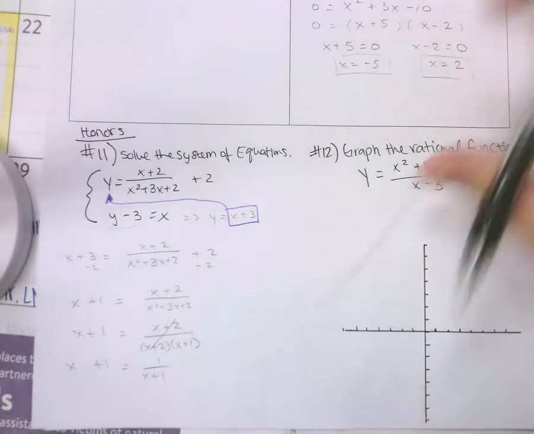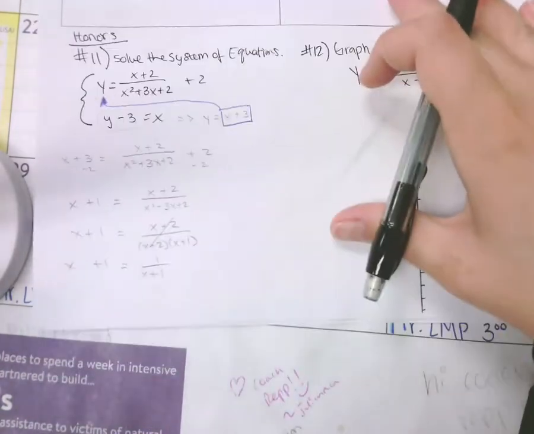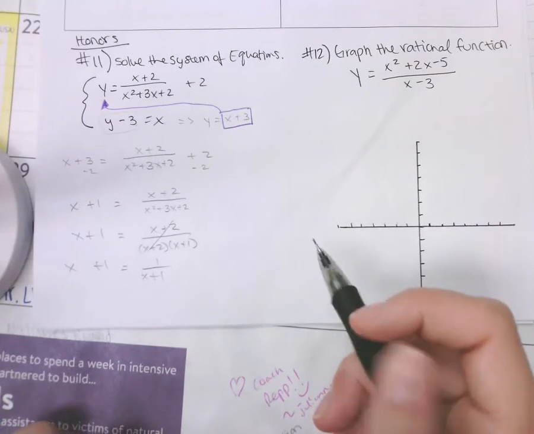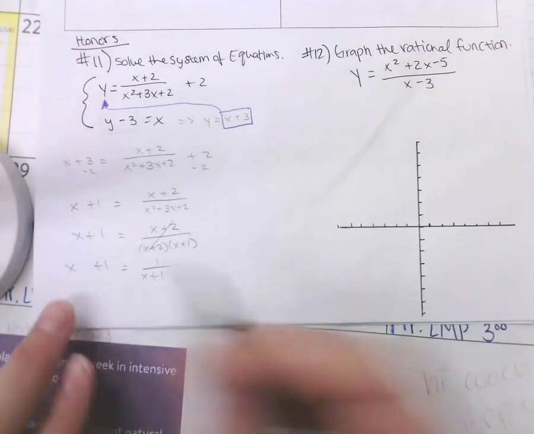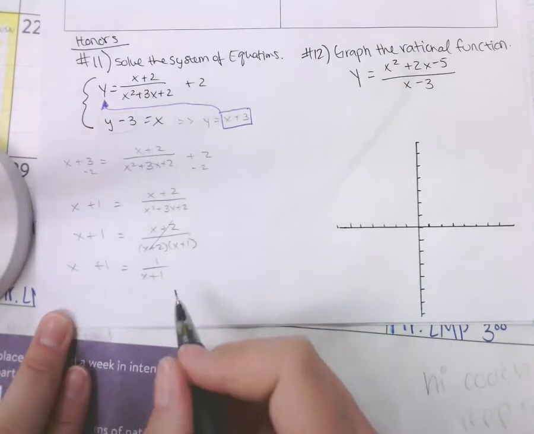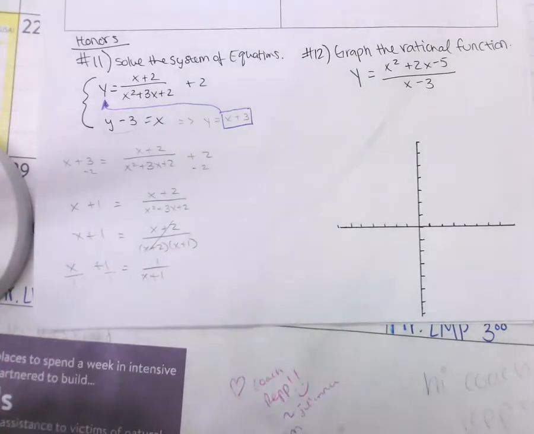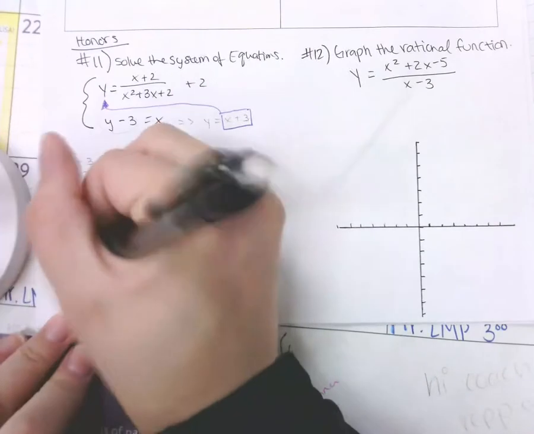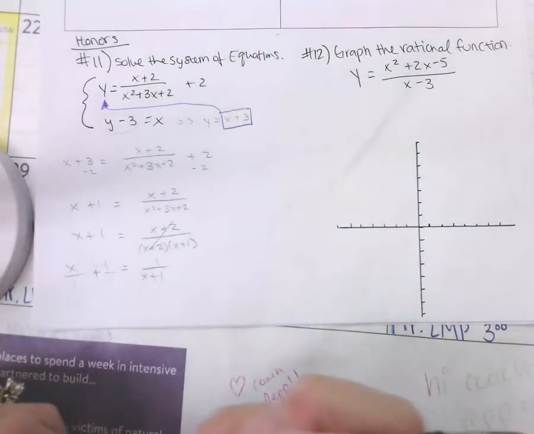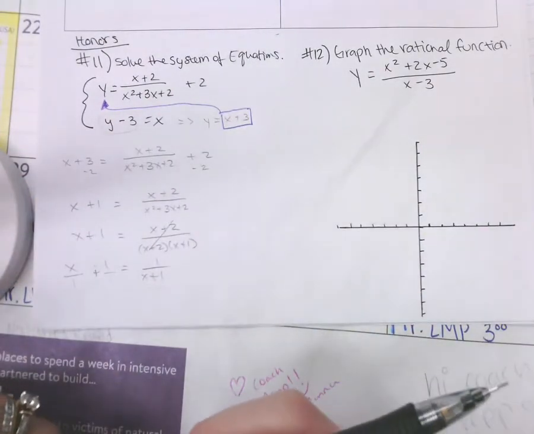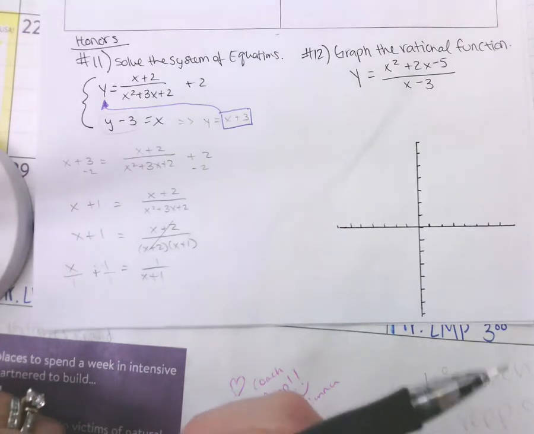I'm kind of running out of room here. What I have over here is x over 1 plus 1 over 1. So you can't cross multiply, because it's not fraction equals fraction. It's fraction plus fraction equals fraction.